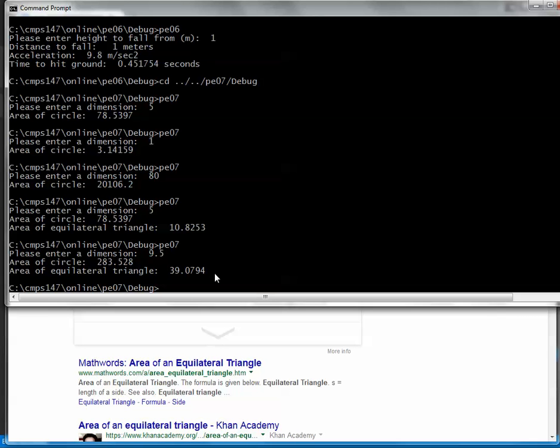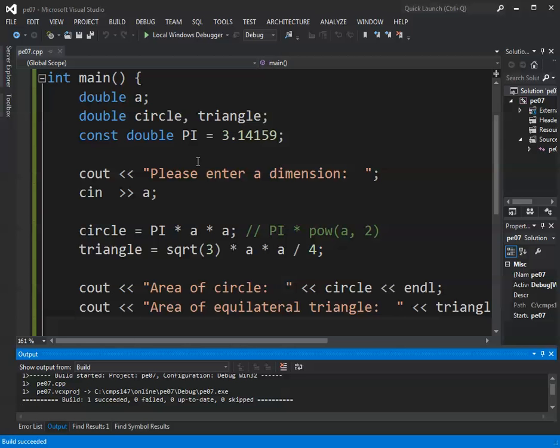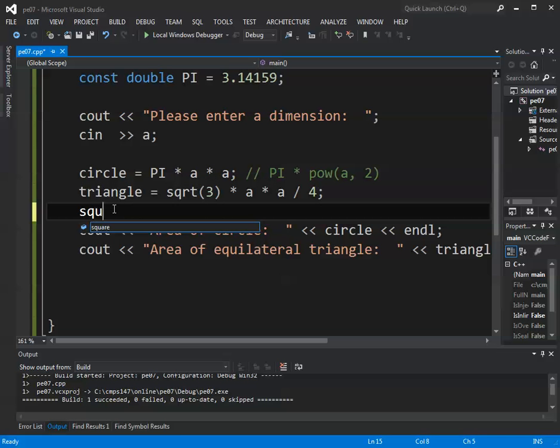And now we just start repeating this process, right? So for each one of our outputs, we probably want to get some test cases and check it as we're writing the code. So moving on, the area of a square is actually really easy. Right? So we can say square. We don't need any math libraries for this.